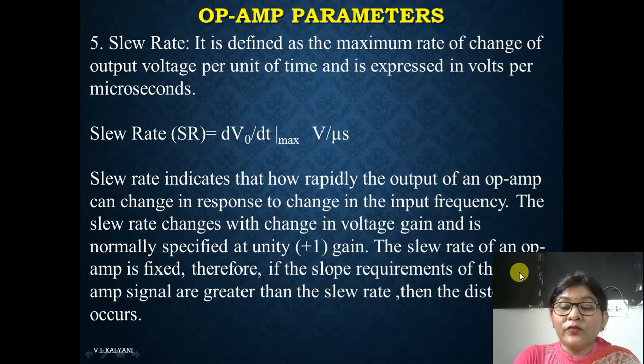But in some high speed ICs, the slew rate is increased, for example the LM318 IC, whose slew rate is very high.